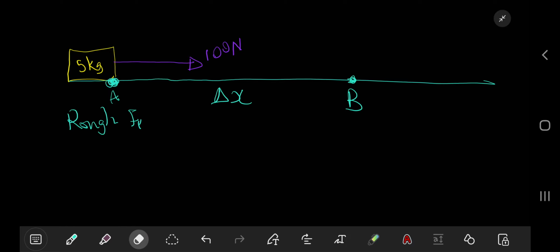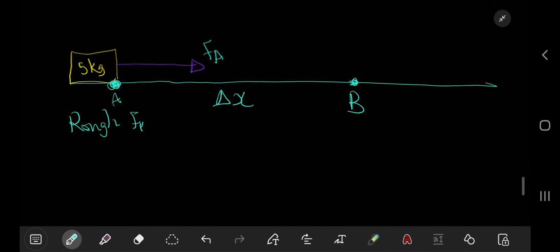Let's say this is my applied force, and we know that it's 100 newtons. Now we want to find a way to calculate the work done by this force. But before we calculate it, we have to understand whether the force is doing work or not.